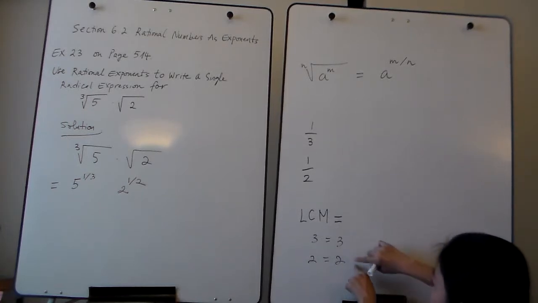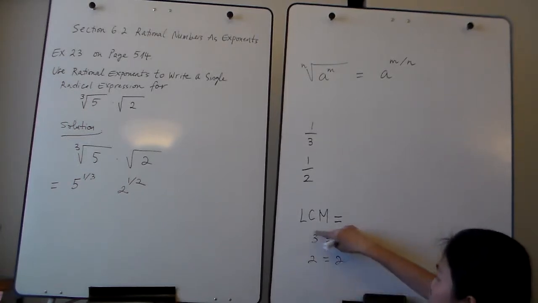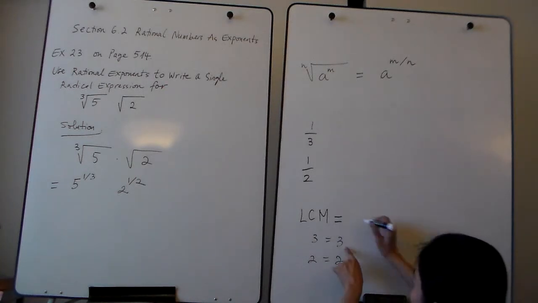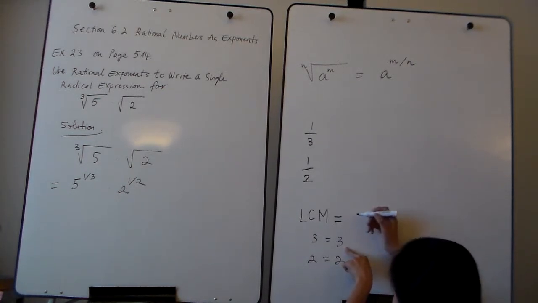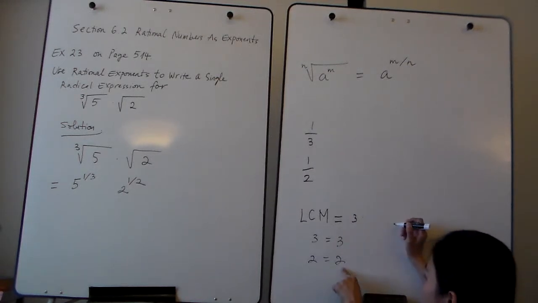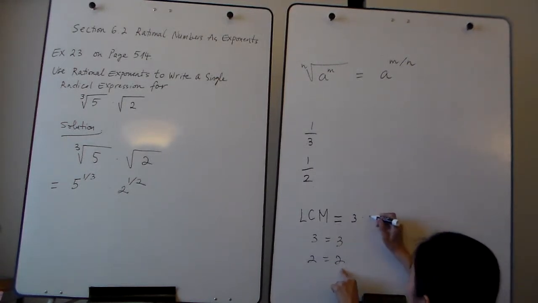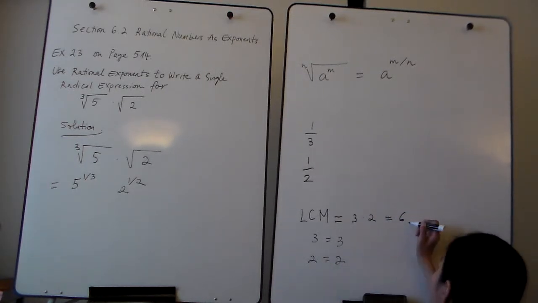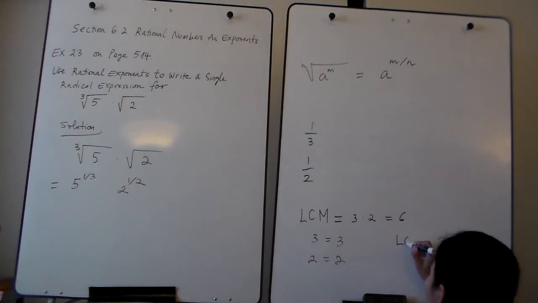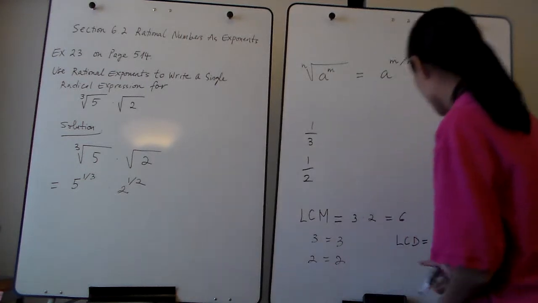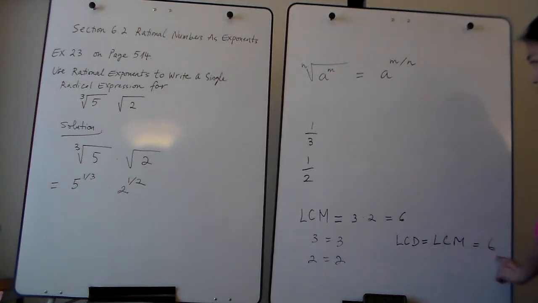Now, 3 and 2 are factors of the denominators, so we use them all. So I just put 3 times this 2. So the LCM is equal to 6. Now the LCD is equal to the LCM, which is 6. So now we know that the LCD is 6.